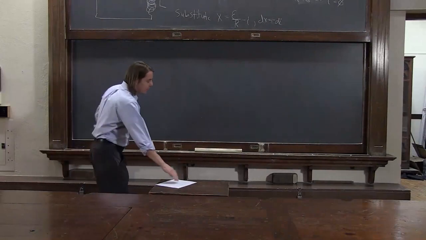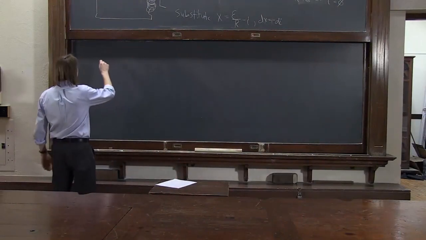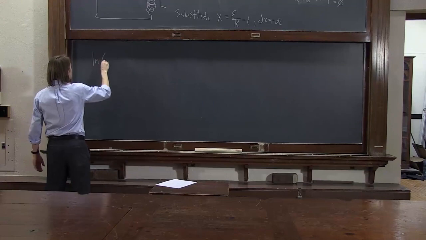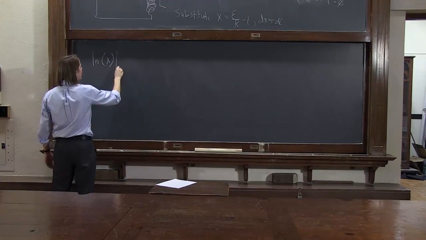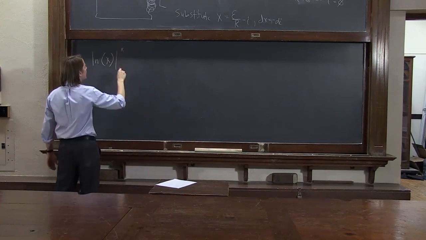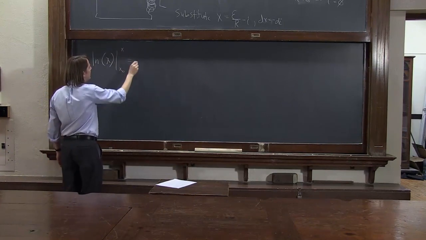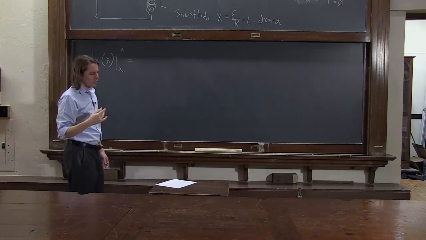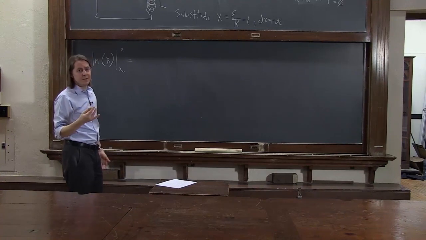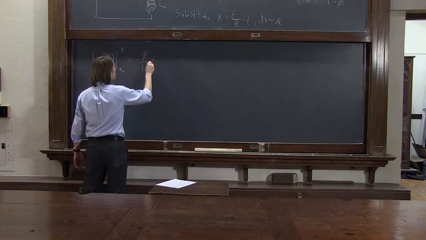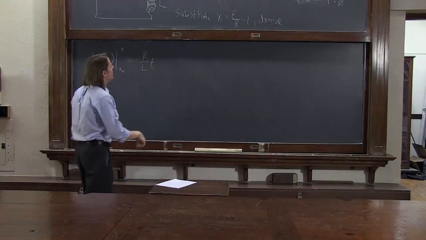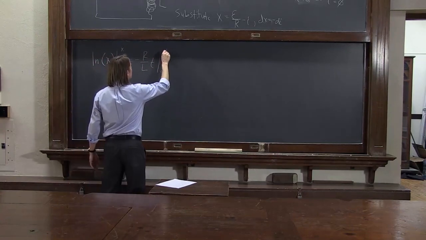The integral of dx over x is natural log of x evaluated from x naught to x. And the other side, the integral of negative r over L dt is just minus r over L t, evaluated from 0 to t.